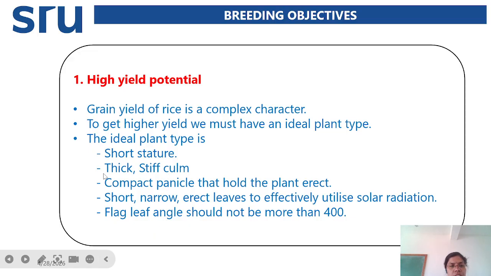And next is the leaf angle. The flag leaf angle should not be more than 40 degrees. So these are the characters which will more contribute towards the yield in case of rice.